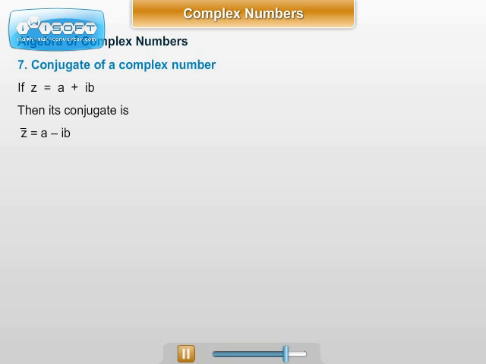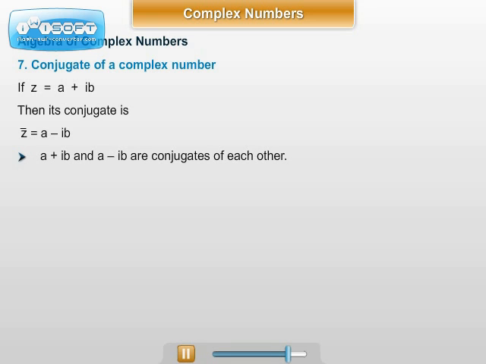The next important concept is the conjugate of a complex number. We have a² + b² = a² - (-b²), that is a² - i²b², that is (a + ib)(a - ib).